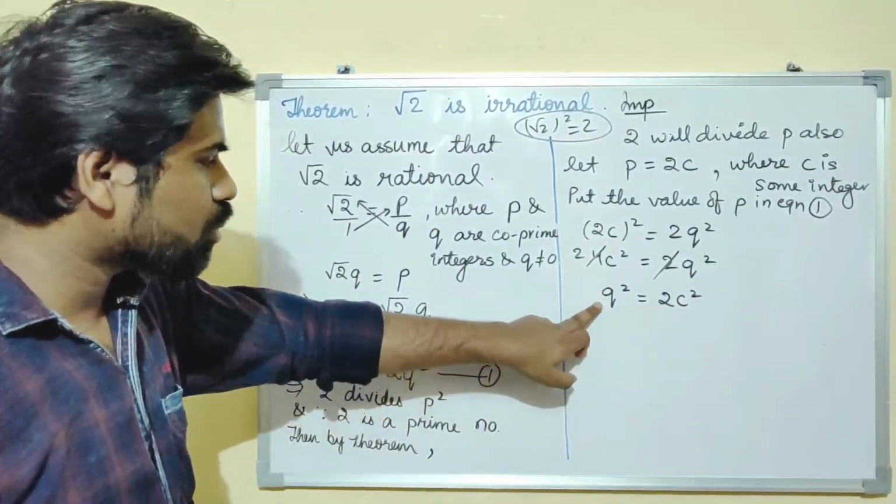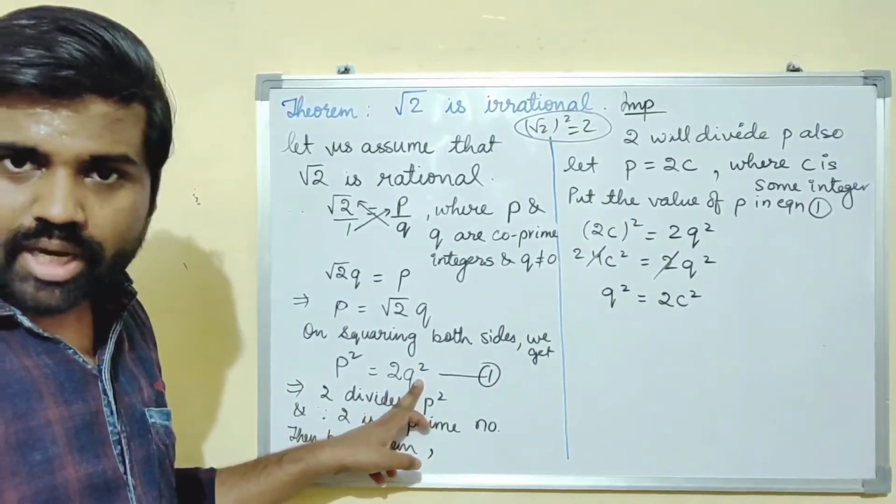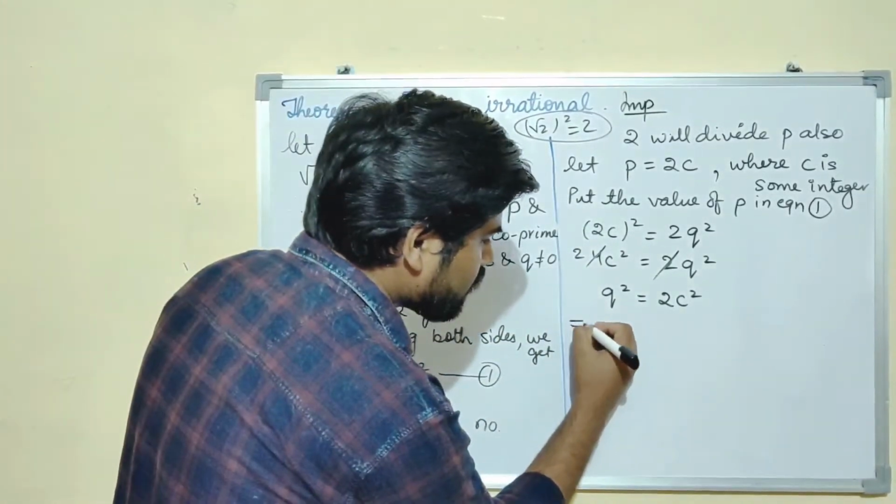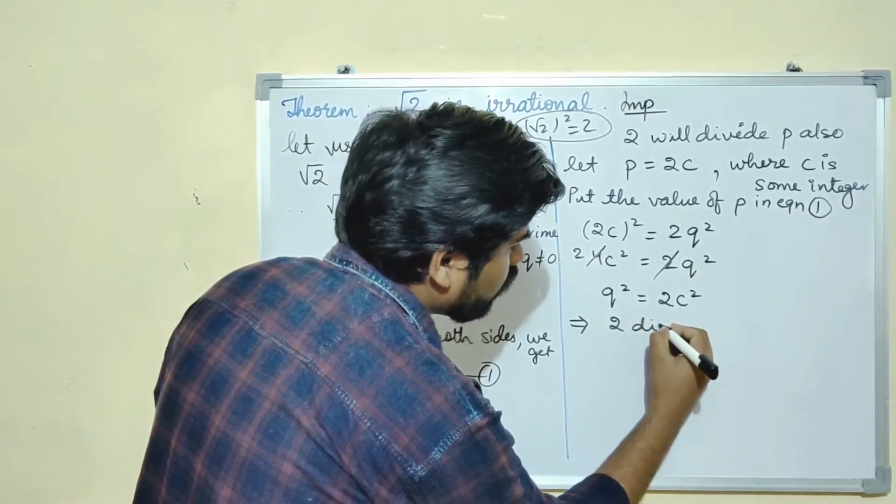Now again this expression is similar to this, right? That means this implies that 2 divides q square.